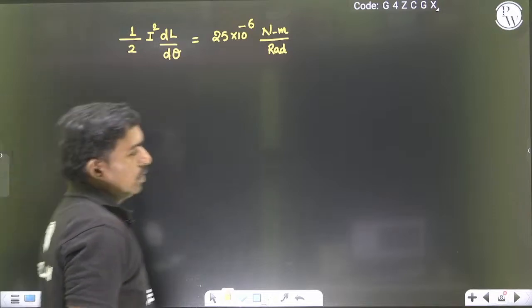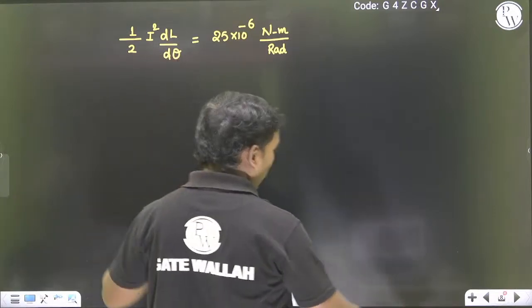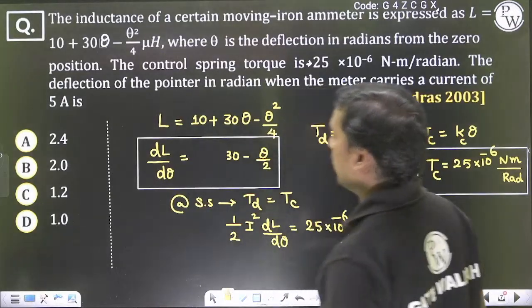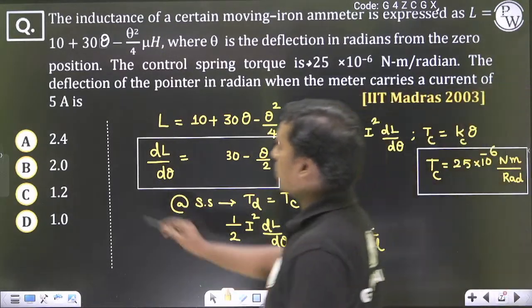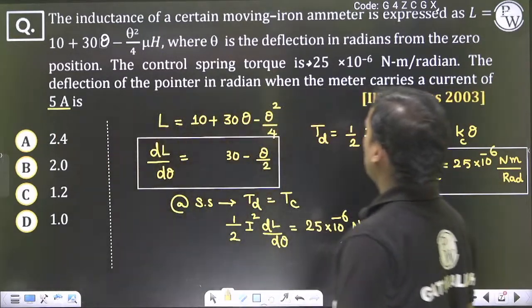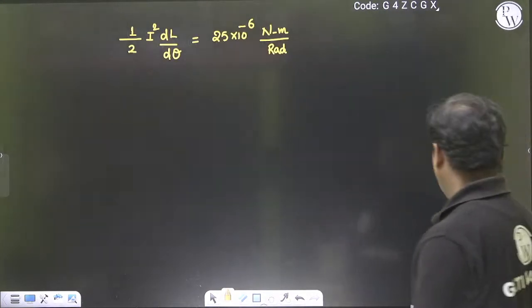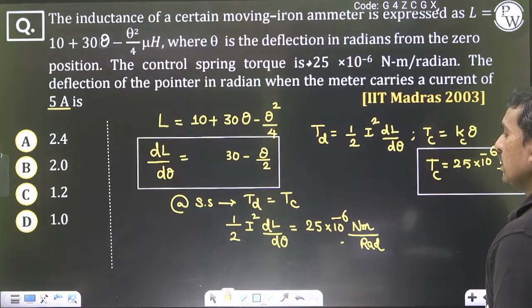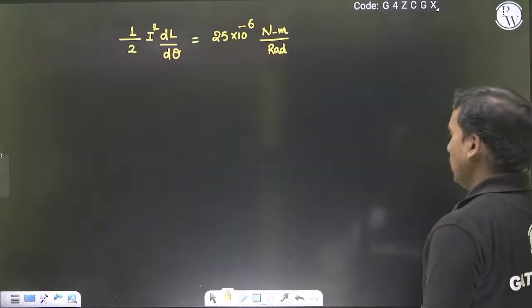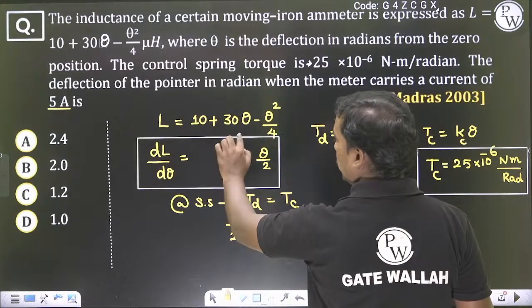Okay, so here what is available for us? I think he is asking, the current is given as 5 amperes, the control spring torque is given, and the deflection of the pointer in radian he is asking. So first of all, let us write dL by d theta, 30 minus theta by 2. Am I right? The derivative of the constant is 0, so 30 minus theta by 2.